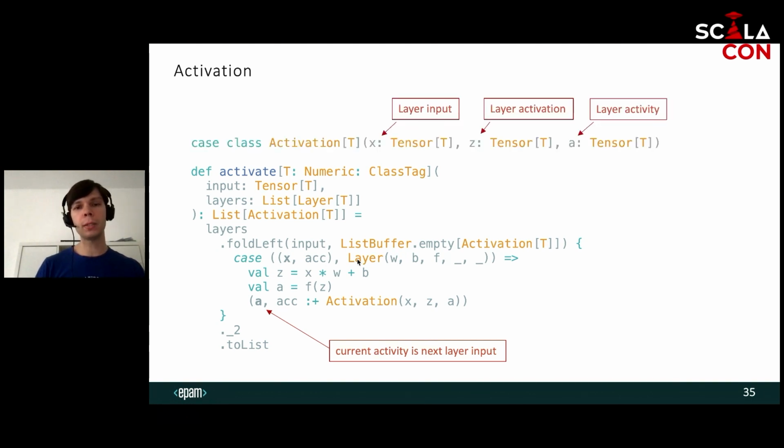The Activation case class is just keeping track, encapsulating this X input tensor and the layer activation. So we keep history before we apply an activation function; we keep that value. And then once we apply the activation function, we keep the activity of this A variable.